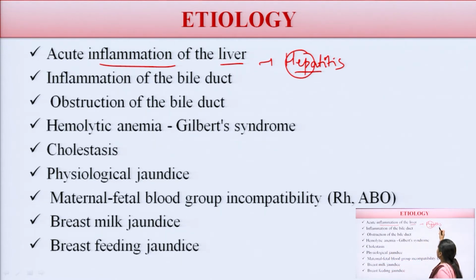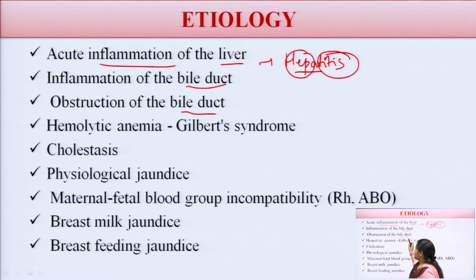So hepatitis means inflammation in the liver. Then inflammation of the bile duct, or obstruction of the bile duct, due to which the excess amount of bilirubin will remain in the bloodstream. Then hemolytic anemia, Gilbert syndrome, and cholestasis, where there are stones.